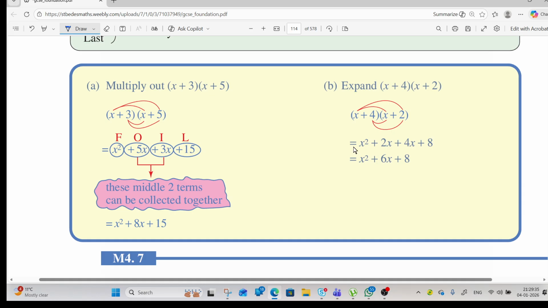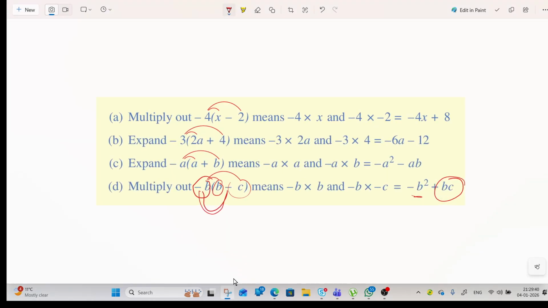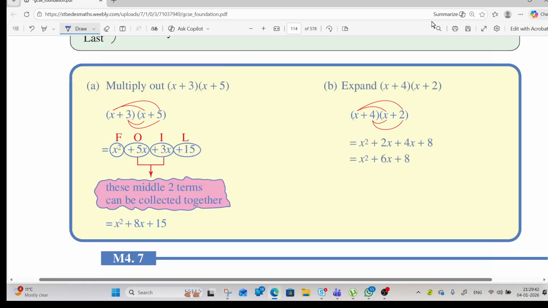Okay. For example, expanding this. First we multiply first term with first. So x times x is x square. Then we multiply outer terms, x times 2, which is 2x.